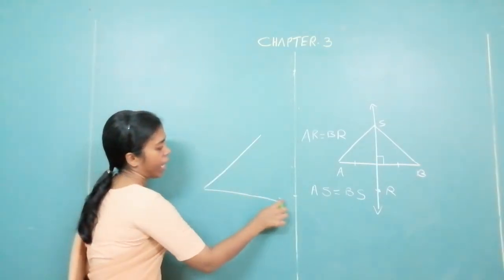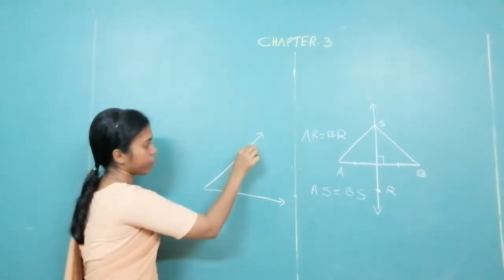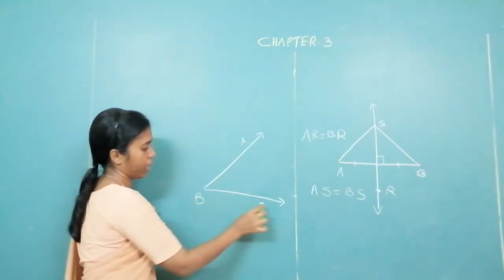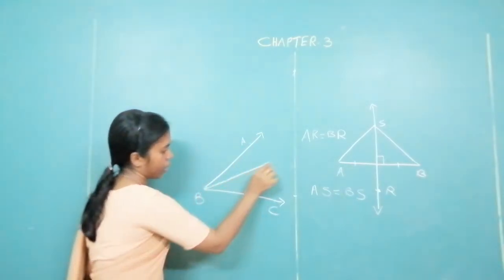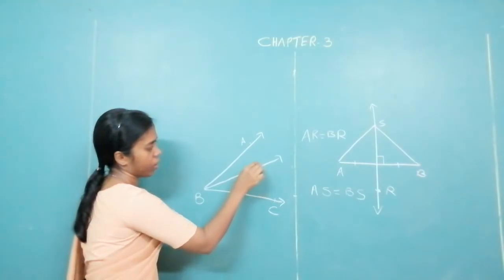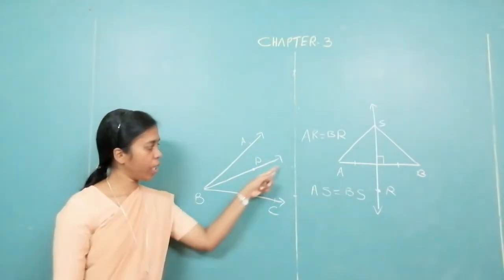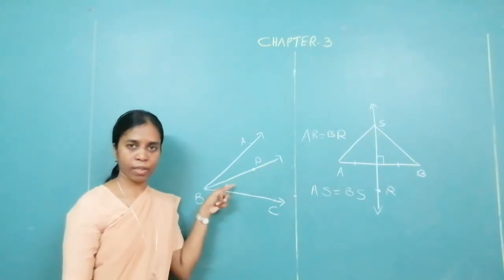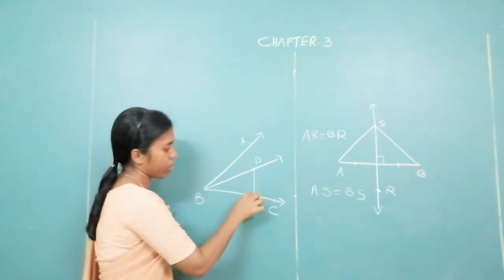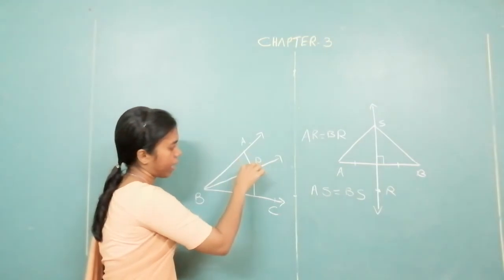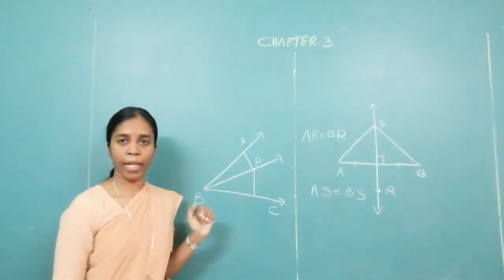Similarly, we have the angle bisector. I have an angle ABC. This is an angle bisector. Okay, I have point P over here. Any point lying on the angle bisector is equidistant from the sides of the angle.